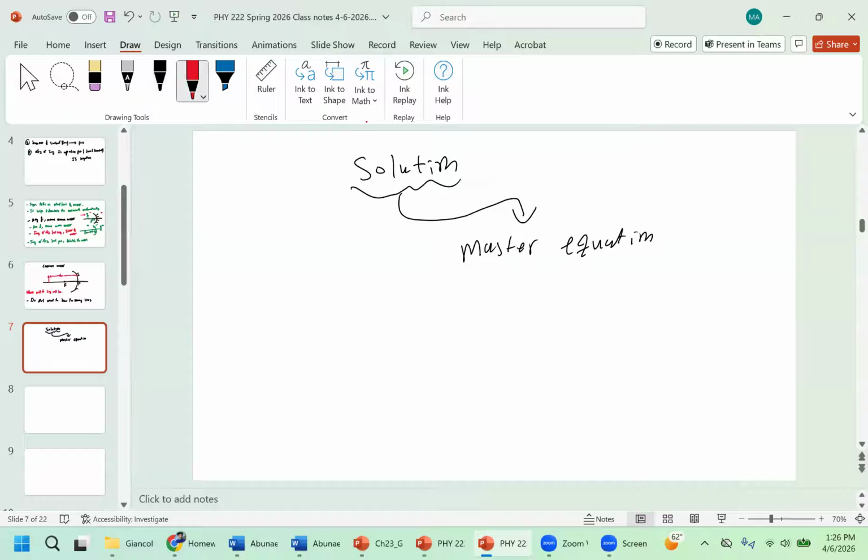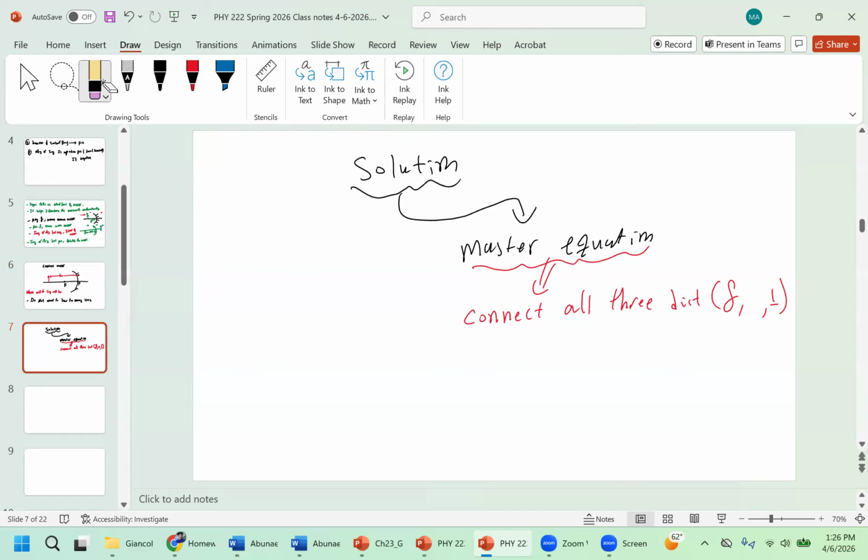Now, this master equation that we are going to be introducing will connect all three distances, your F, your O, and your I. You know what?